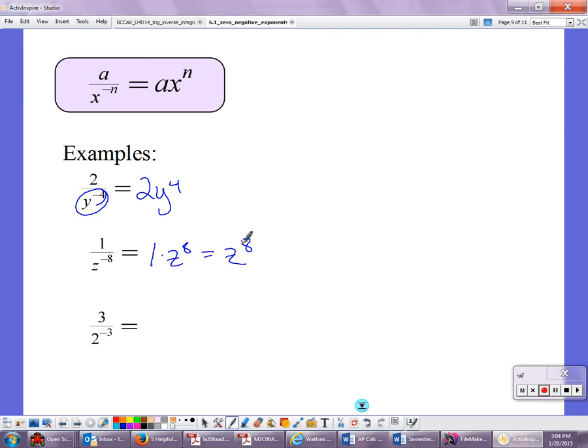And 3 over 2 to the negative 3 power is going to be the same as 3 times 2 to the positive 3 power, 2 to the 3rd. And if you want, that's 3 times 8 or 24. But the main thing is 3 times 2 to the 3rd.